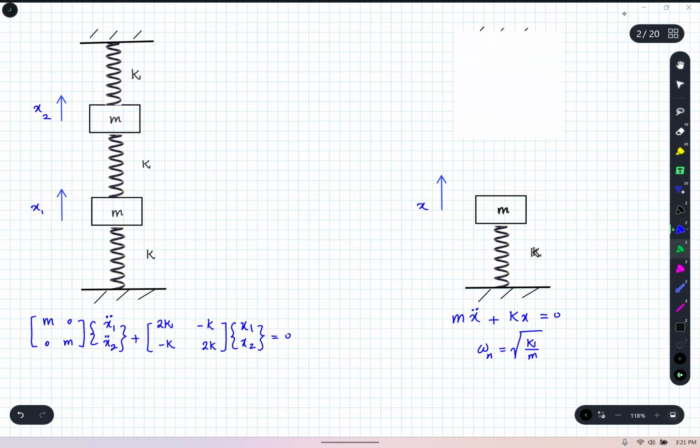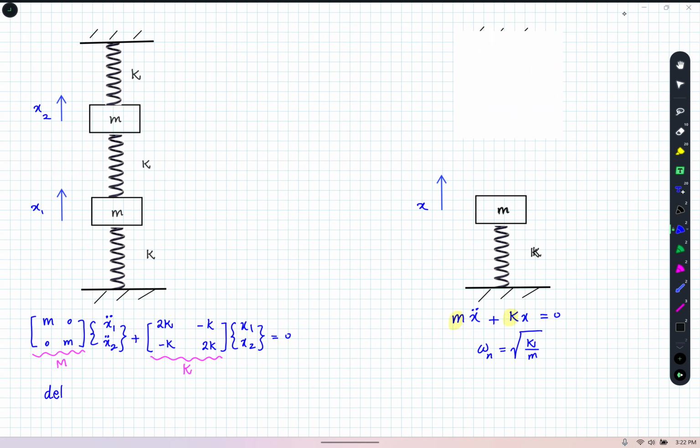So as you see, instead of just one value for mass and one value for k, I ended up with a matrix of values for mass and a matrix of values for stiffness, which obviously, because it's a 2 degrees of freedom system, we'll learn how to find the natural frequency of this system: simply determinant of K minus omega squared M equal to 0.